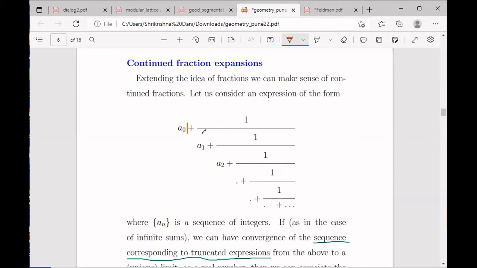Then at the second stage, I have a naught plus 1 upon a1 plus something. But let's say I wait to add this, so that will be my second step. Up to here, this is some other rational number, a naught plus 1 upon a1. Now I can go to the next step, and then I will have a naught plus 1 over a1 plus 1 over a2.